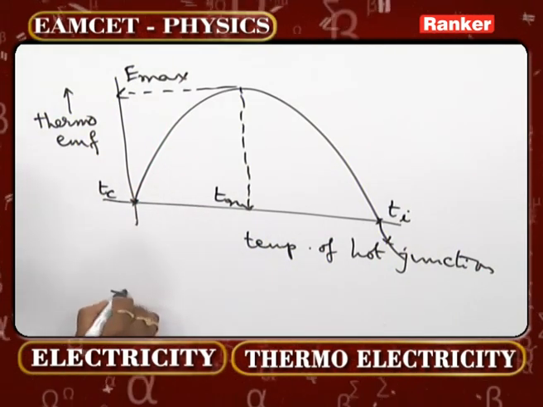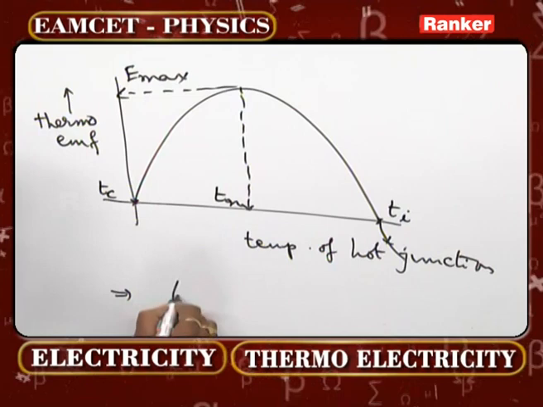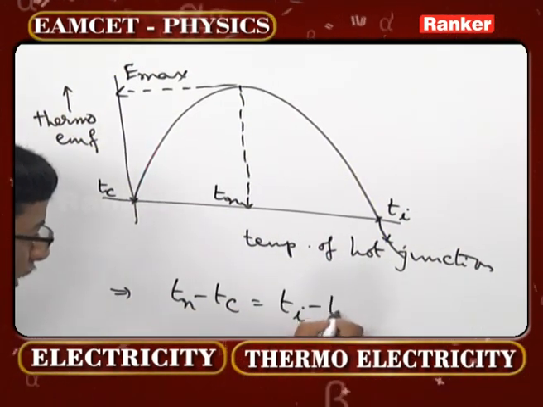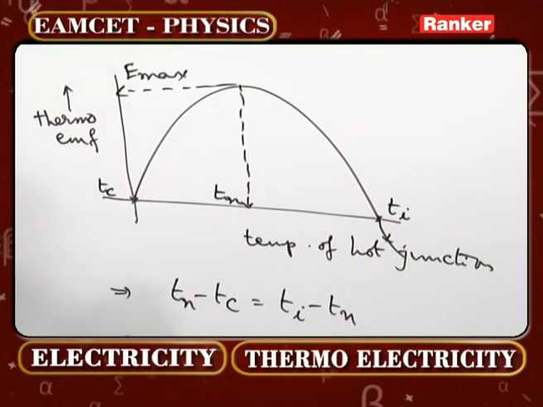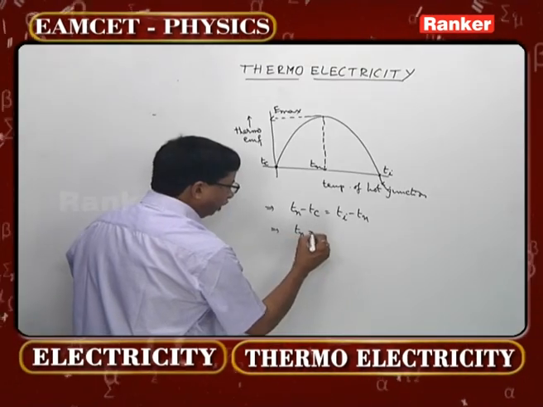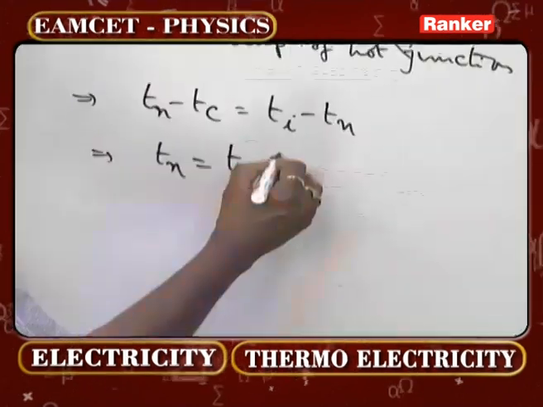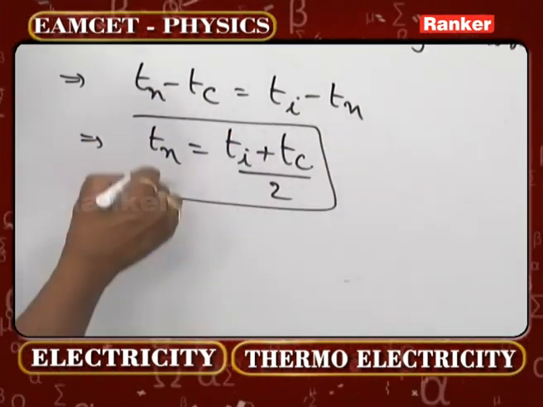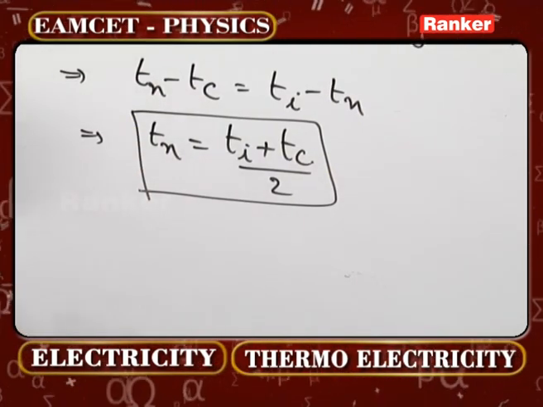What should we write now? Tn minus Tc is equal to Ti minus Tn. In other words, T neutral is equal to inversion temperature plus cold junction temperature, divided by 2. This is one formula you have to remember.